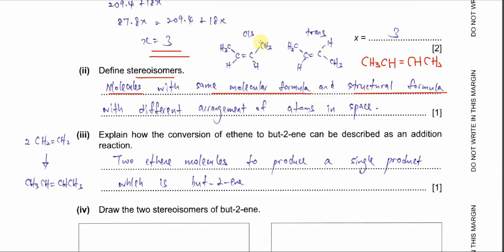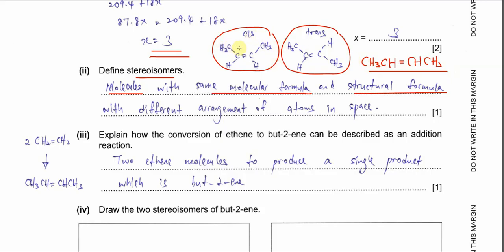So that's why, let's say I use cis and trans to explain. The but-2-ene can be a cis isomer or it can form a trans isomer. So when the but-2-ene has this structural formula, the groups can arrange in this way.